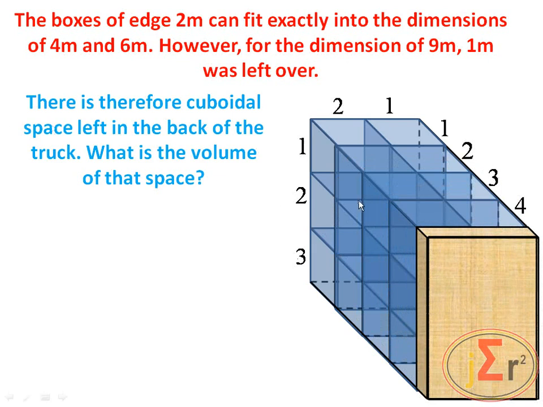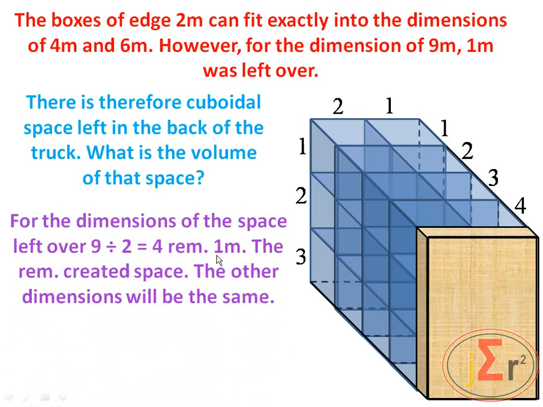Right. We can see that this space is the same dimension here, and the same dimension down here. But this dimension that we have right here is just 2 meters. So 2 meters for the remainder, and the other dimensions will be the same. For the dimensions of the space left over, 9 divided by 2 is equal to 4, and the remainder is 1 meter. The remainder created this space.